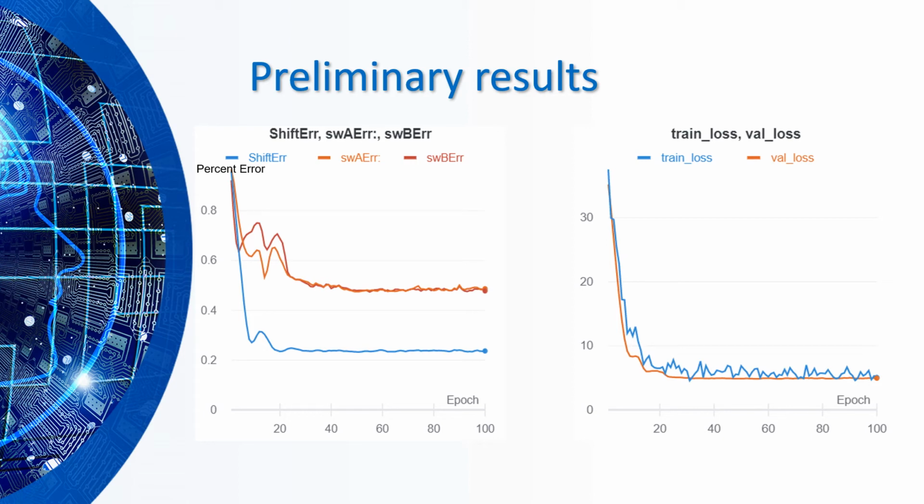And we have SWA, which has 50% error as training goes on. The model does not get a very good result. There is definitely space to improve it.